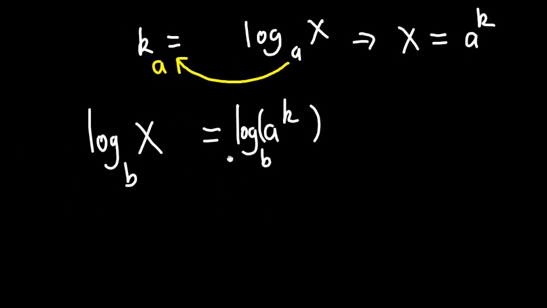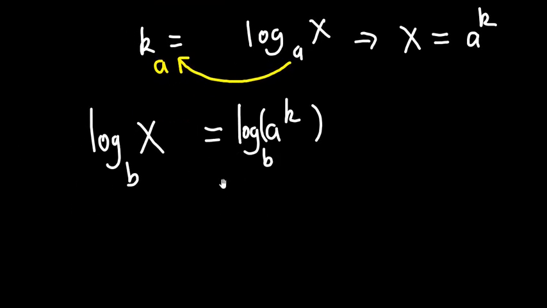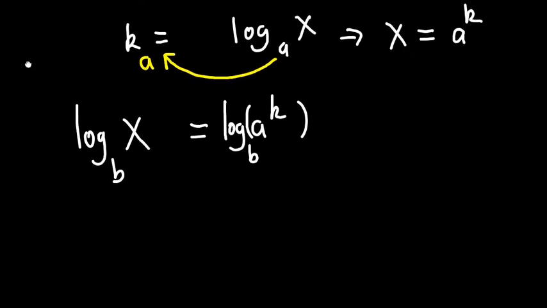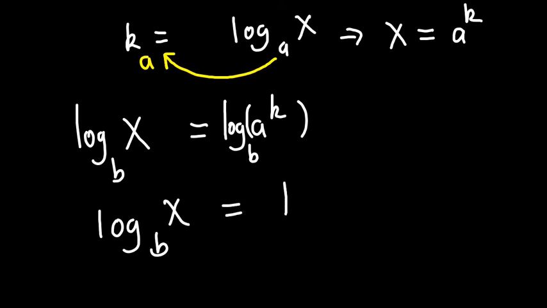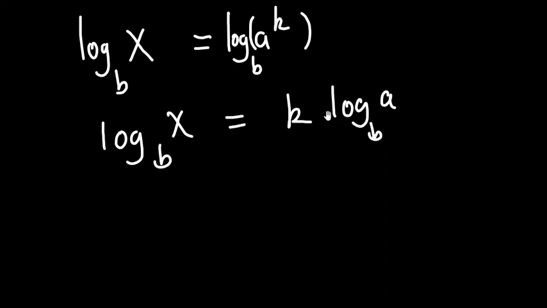Okay, so by the power rule, as we have already seen, it becomes log x base b equals k log a base b, right? And we make k the separate formula.